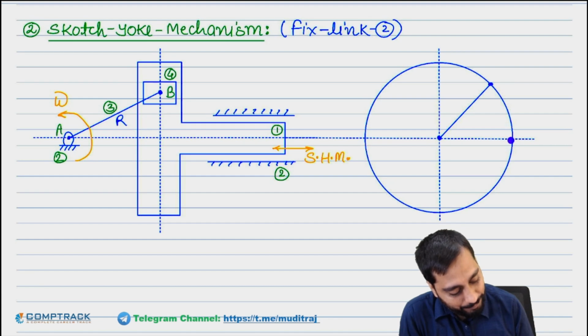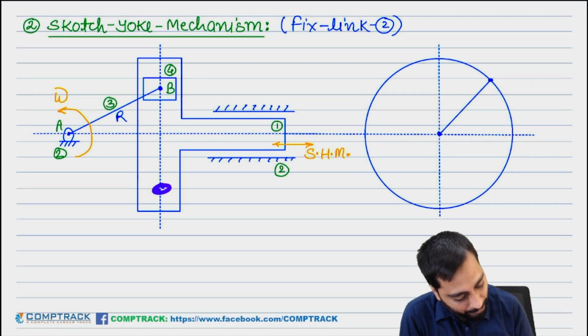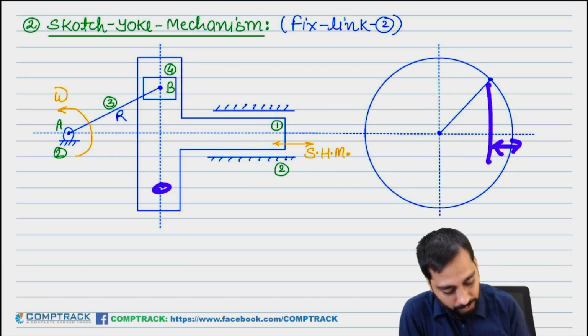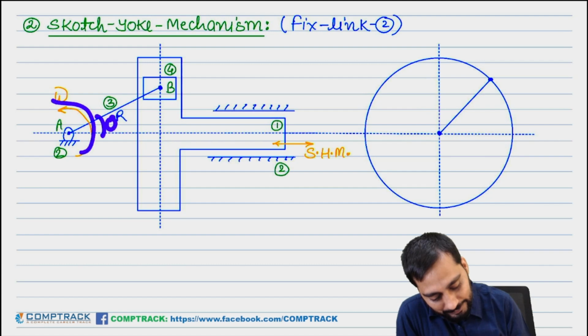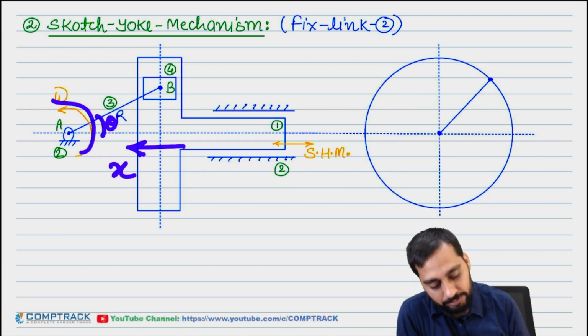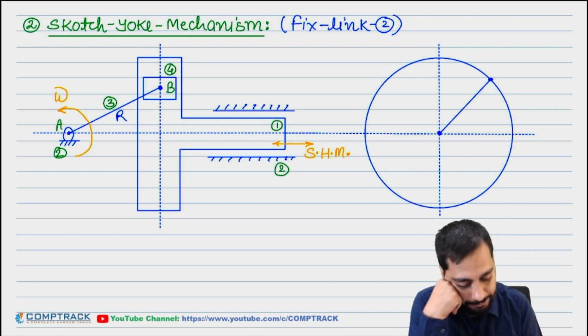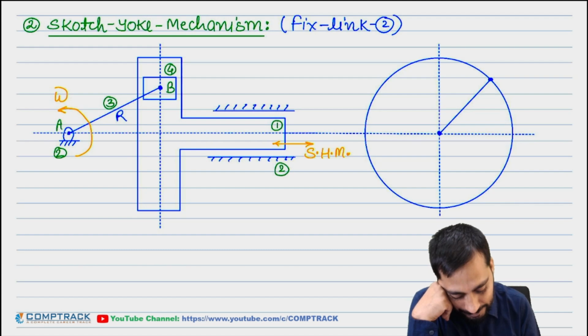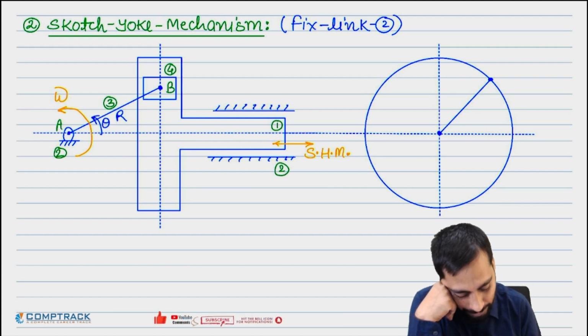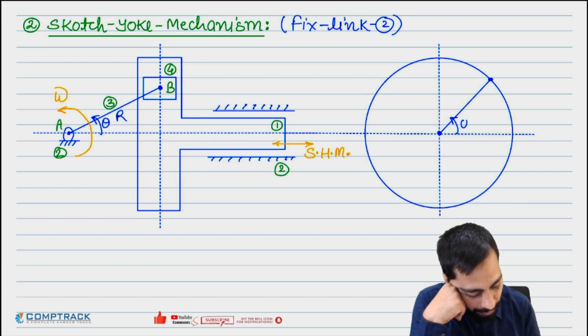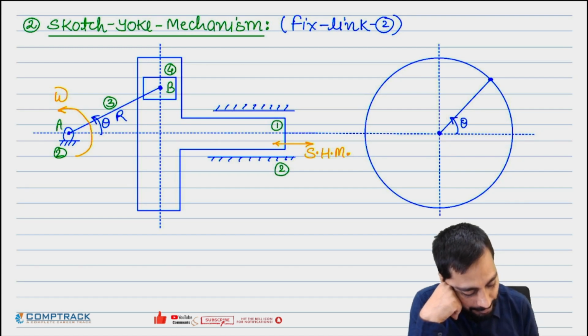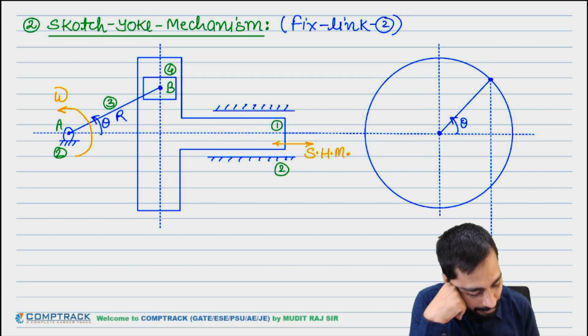When this point will reach here, the slider will move left side by this much amount. When it will rotate by this angle theta, this slider will move left. Yes or no? So that general distance I will consider x. When it will rotate by theta, then this will come leftward by general distance x.